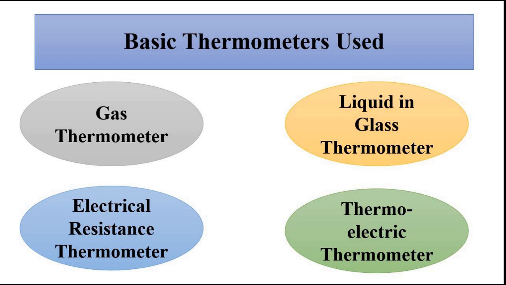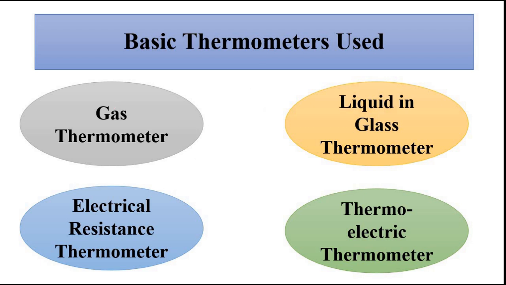Then we have the electrical resistance thermometers, also called resistance temperature detector, RTD. Some variation of it, which we have already discussed in sensors and transducers, is the thermistor, thermally sensitive resistor. And then we have the thermoelectric thermometer, which is the thermocouple. So we'll be discussing that.